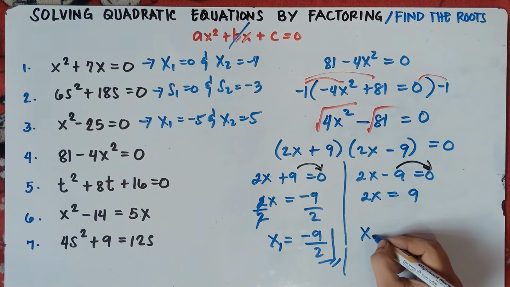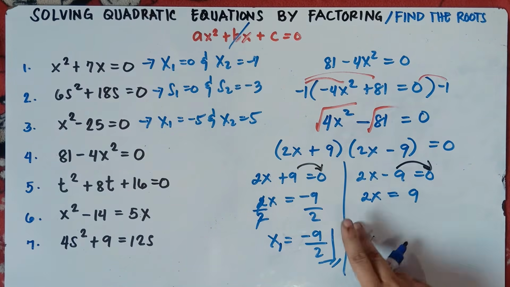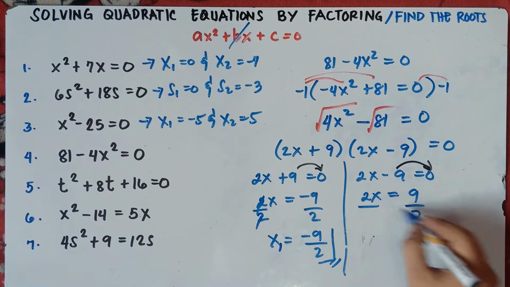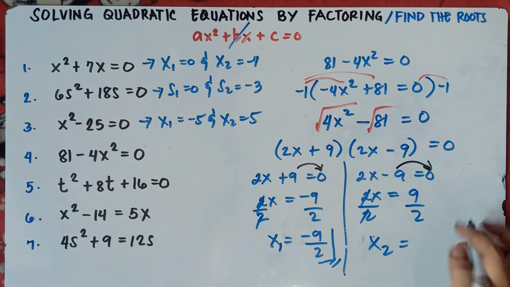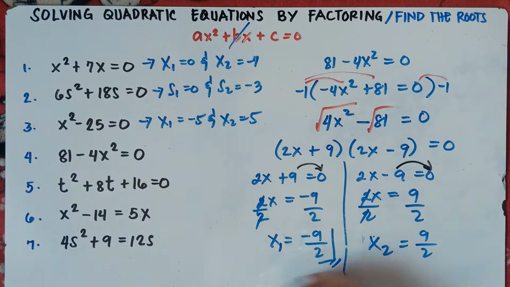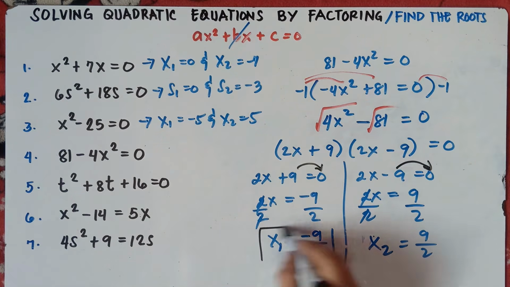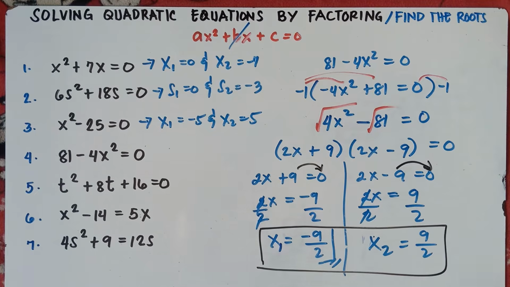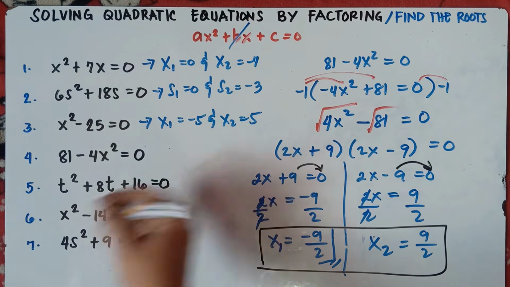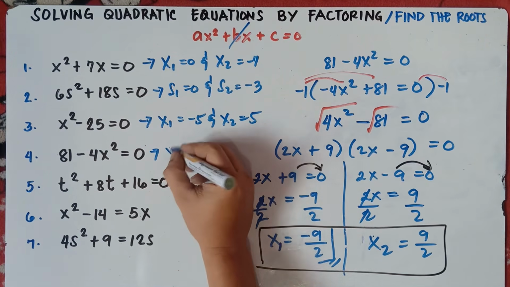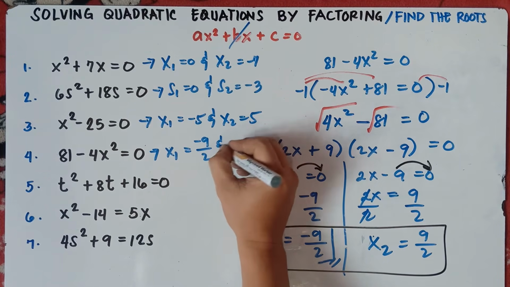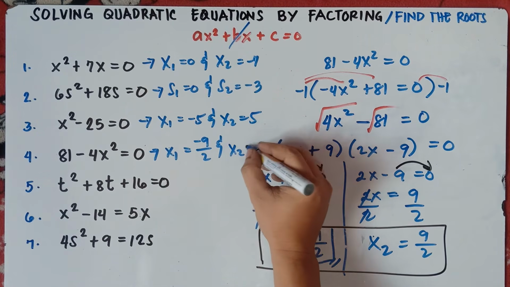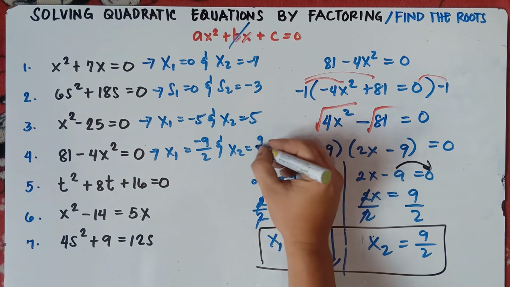For x sub 2, divide both sides by 2, so x sub 2 will be positive 9 over 2. So this will be our answer for number 4: x sub 1 equals negative 9 over 2, and x sub 2 equals 9 over 2.